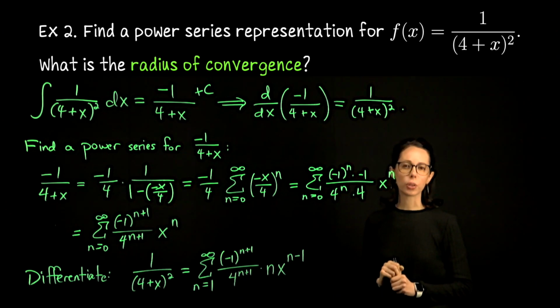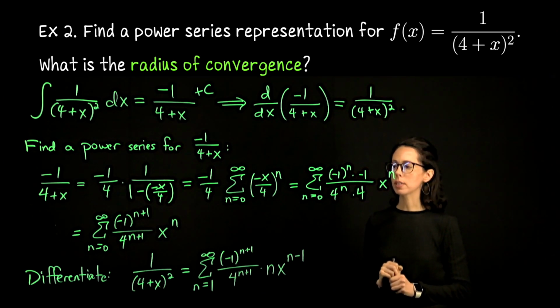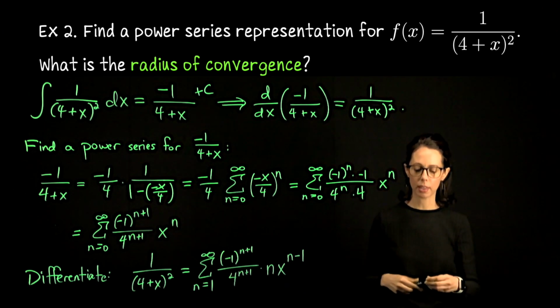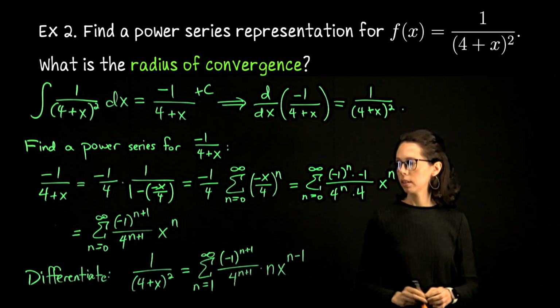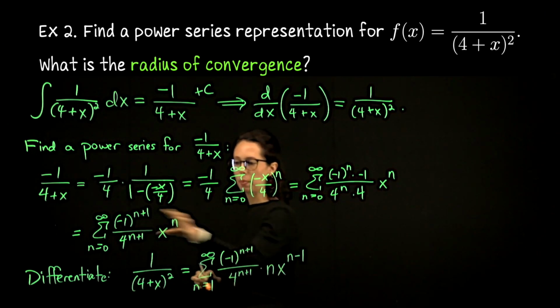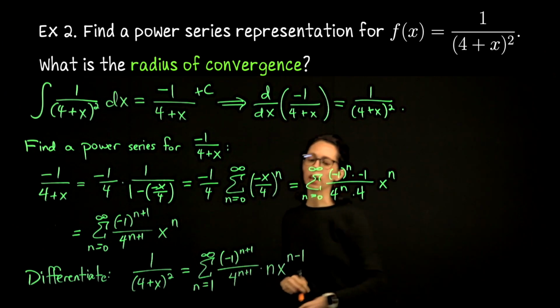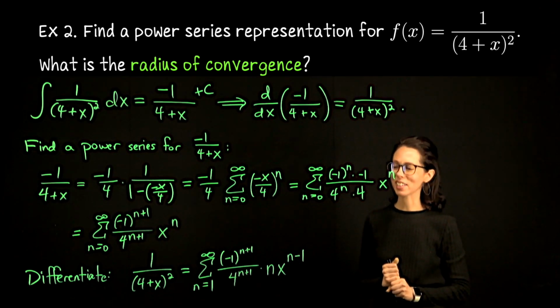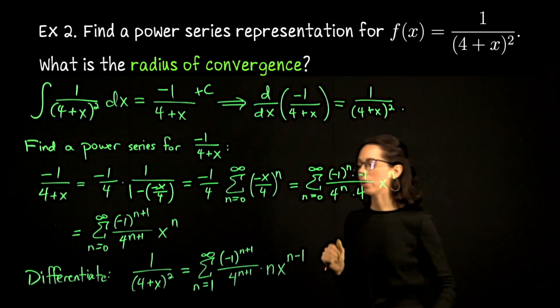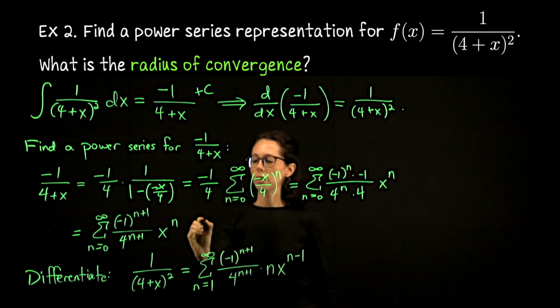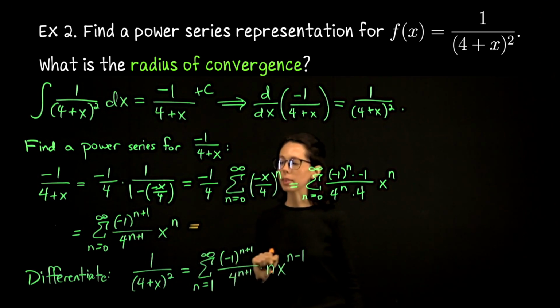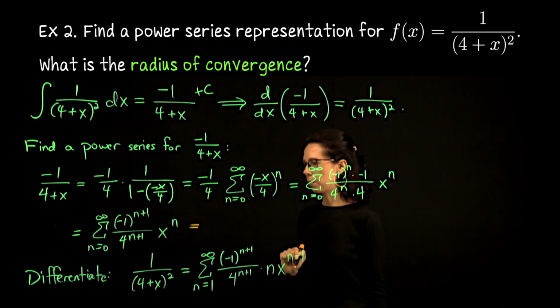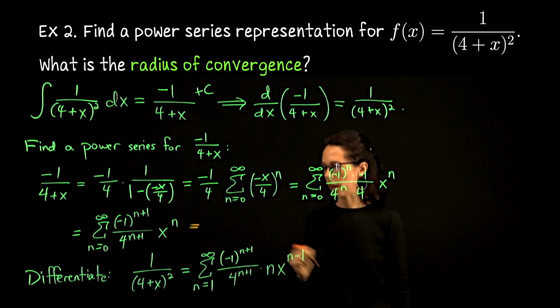That is the power series representation for this function. Let me just fill in a little bit more detail because we're doing this for the first time in this video. Why don't I expand this just a few terms just so we can really agree that this is in fact the correct representation for 1 over 4 plus x squared. Okay, so here, if I start to expand this out, when n equals 0, it's negative 1/4.